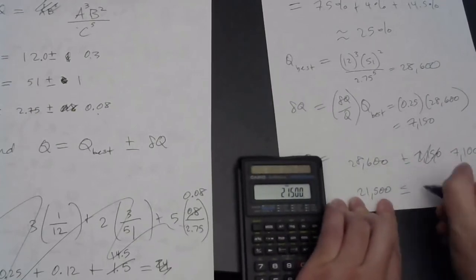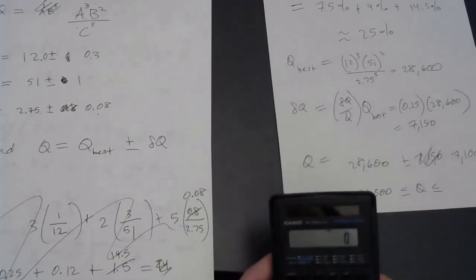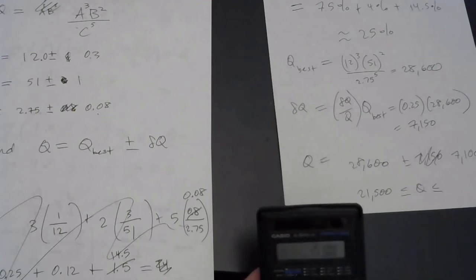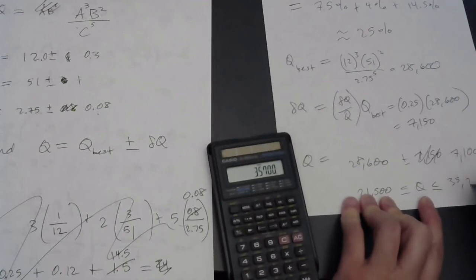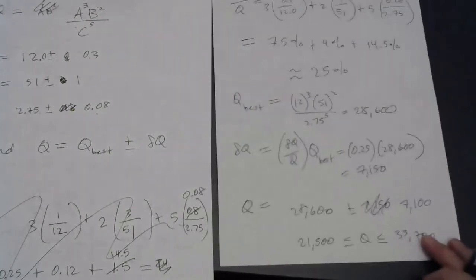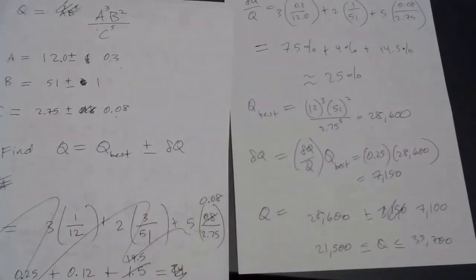Normally, I would have units here. And it could be as high as 35,700. So there's a very broad range of likely values for Q. That's because I picked rather large absolute uncertainties for these 3 fictional measurements.